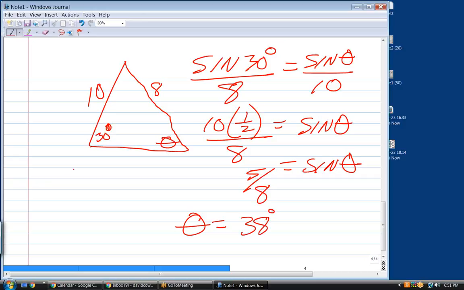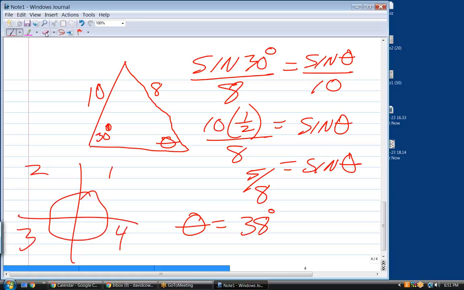In other words, if we look at trig as having 4 quadrants, 1, 2, 3, 4, and you'll get to this soon, the unit circle, we say the sine is positive in the first and the second quadrant. So even though your calculator only told you 38 degrees, the other angle that is supplementary to that is also an answer.